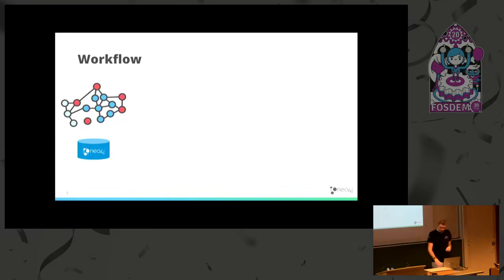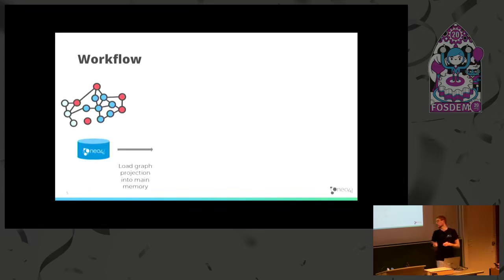Because inside of the graph data science library we are using an in-memory model of the graph to empower those very fast graph algorithm runs, we can't really rely on the store layout of Neo4j. So what we are doing is loading the graph from Neo4j into an in-memory model.